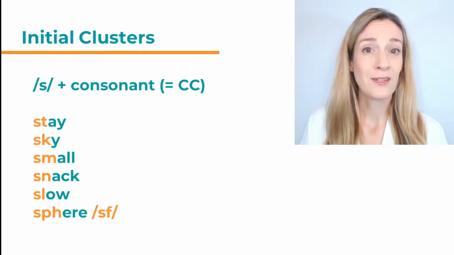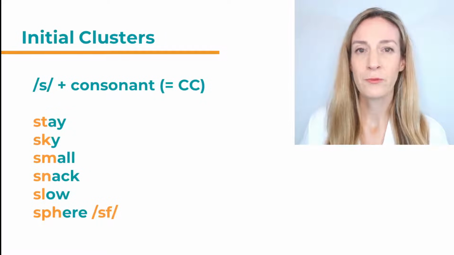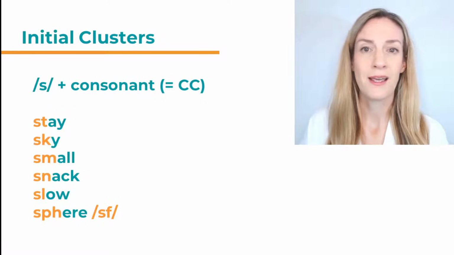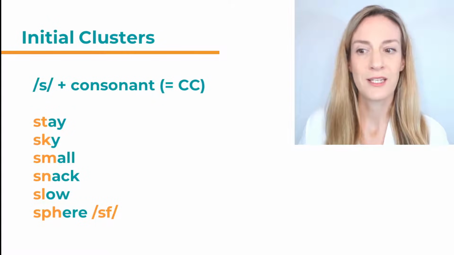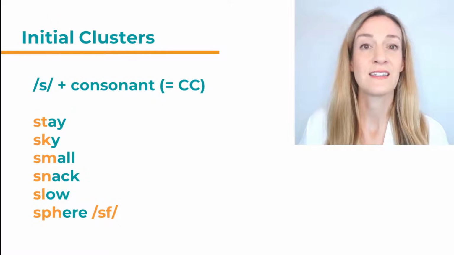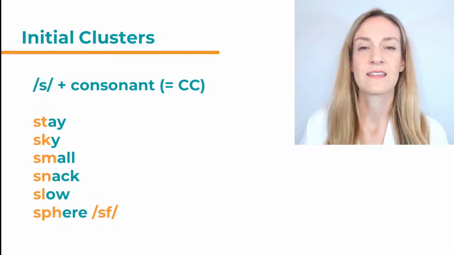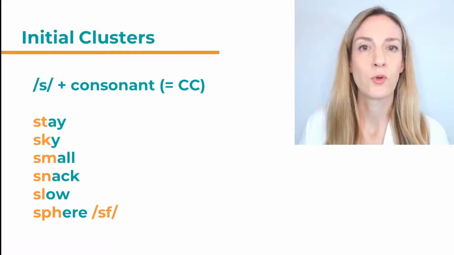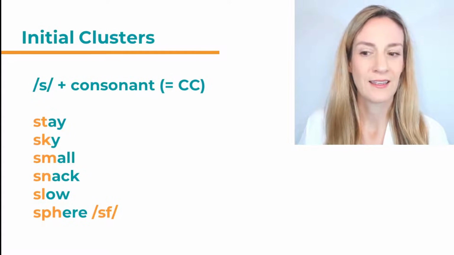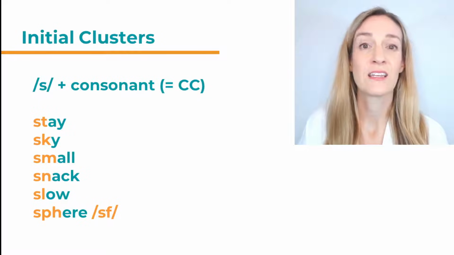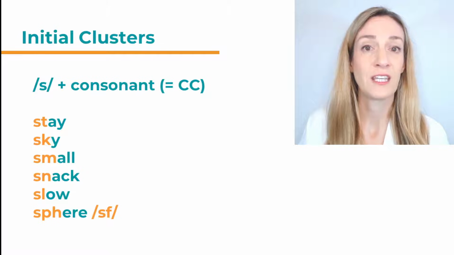Here is a very common pattern. Often we have s plus another consonant. For example, st in stay, sk in sky, sm in small, sn in snack, sl in slow, or sf in sphere.